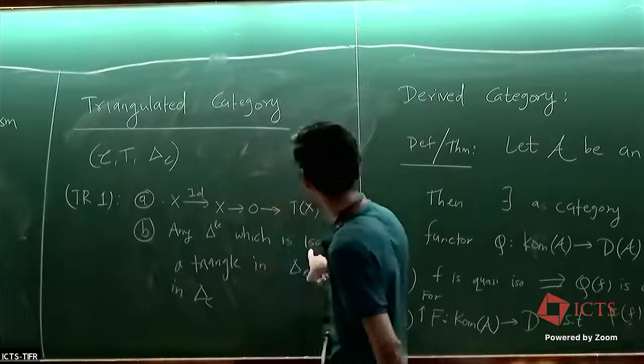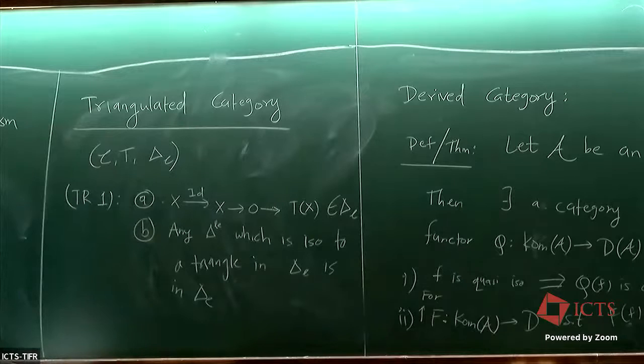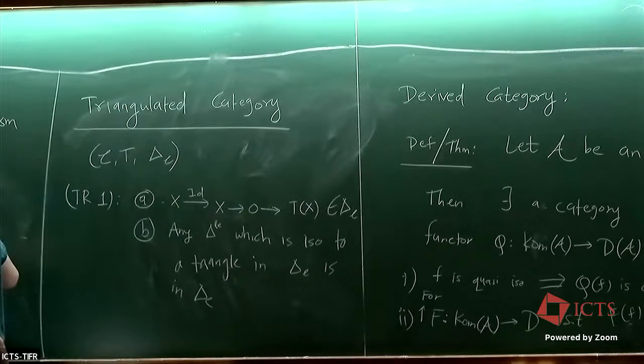So what do I mean by isomorphic to? If you have two triangles, let's say X1, X2, X3 to T of X1 and Y1, Y2, Y3 to T of Y1, then the isomorphism is the natural one that you should have: vertical maps and maps in the reverse direction that give you isomorphisms.